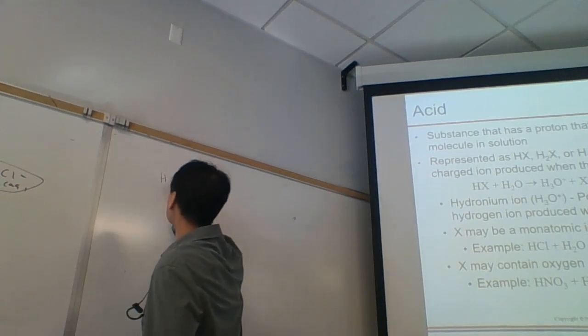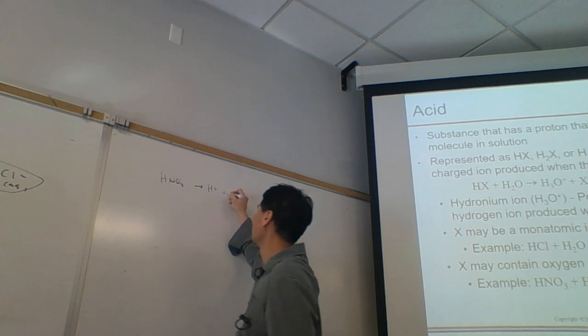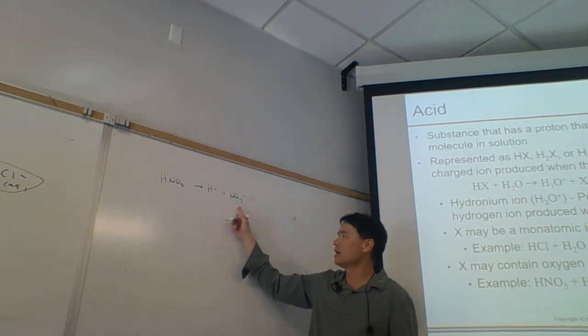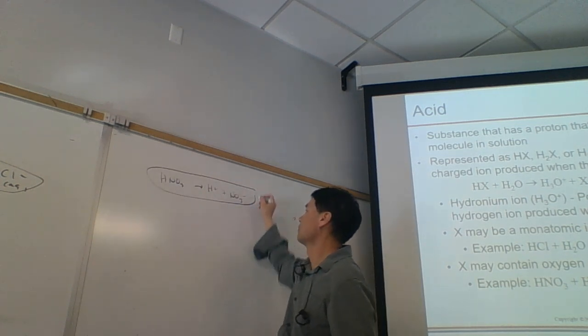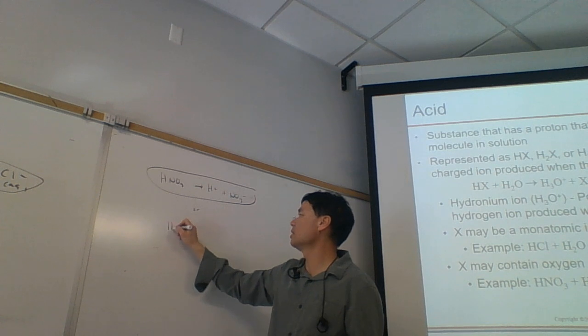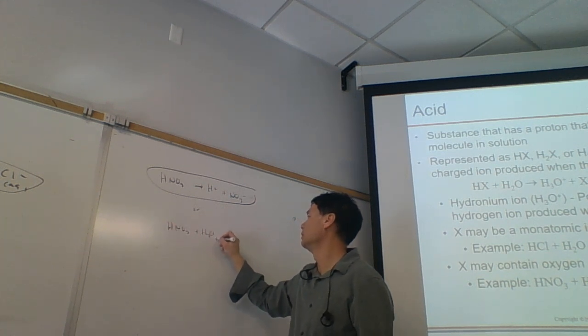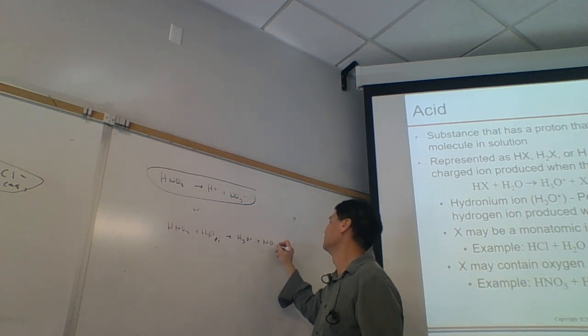So the same thing with HNO3. HNO3, there are two ways. It's a strong electrolyte, so it's going to dissociate into ions. So we could say it's going to dissociate into H plus and nitrate. Leave it like that. Or we could do a hydrolysis. HNO3 hydrolyzes water to form hydronium and nitrate.